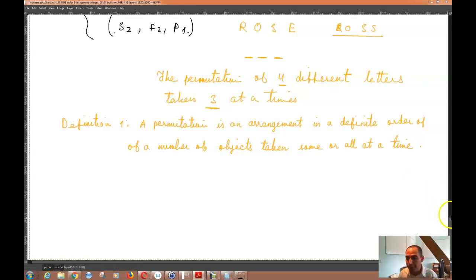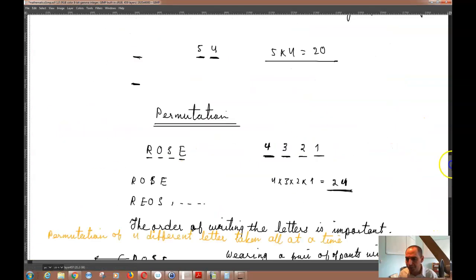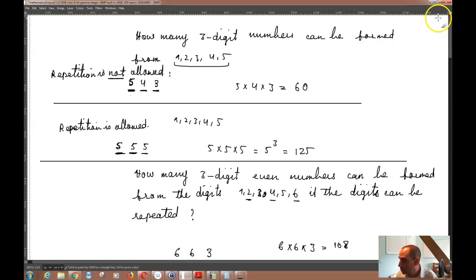So coming back to the example of the number of letters of the words, now coming back to, for example, the letters of the word ROSE, and we use these 4 letters in order to create all the different possible arrangements of the letters, meaning making 4-letter words out of these 4 letters.